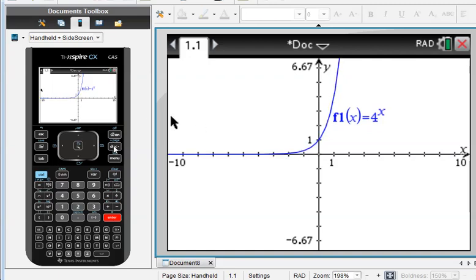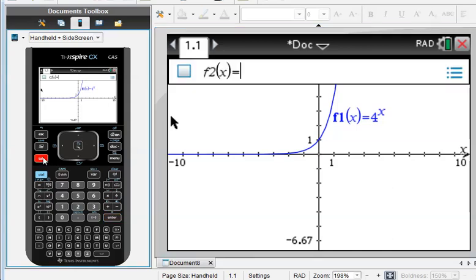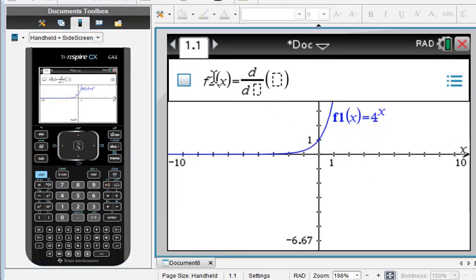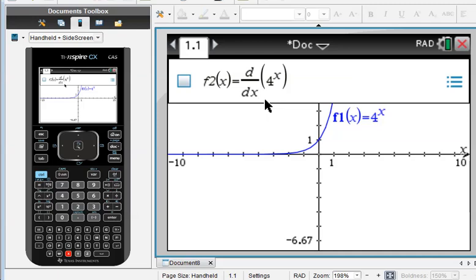And I can actually graph the derivative too. So let's open up another tab. They have this button right here, which allows me to take the derivative. So I'm doing another function, the derivative of 4 to the power of x, with respect to x.